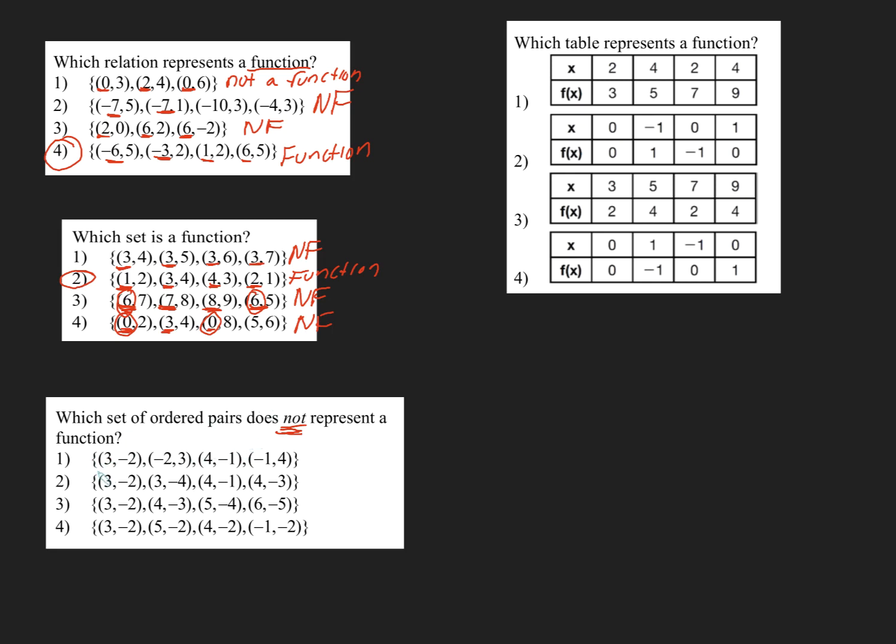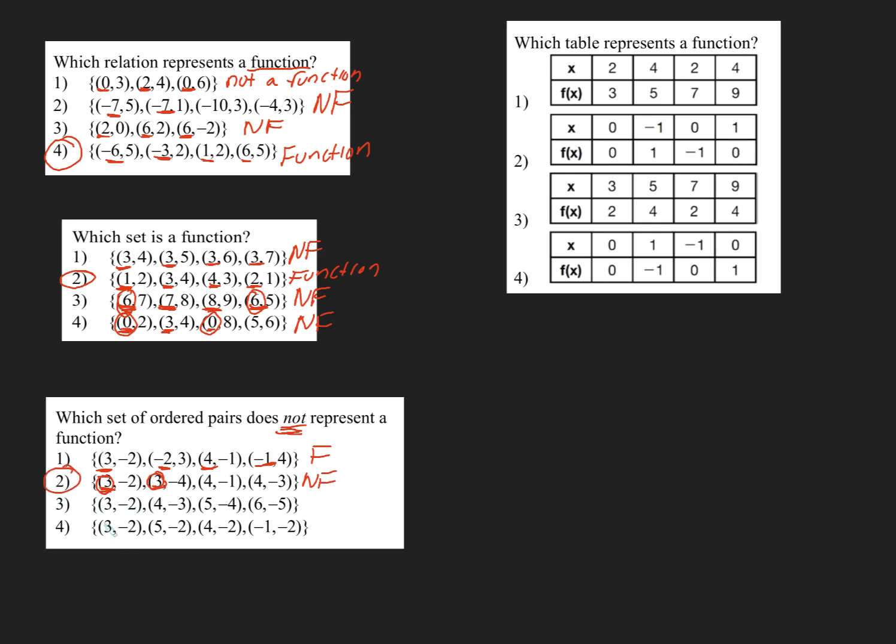So let's look. 3, -2, 4, -1. This is a function. Let's look at number 2, 3, and then the 3 repeats. So the 3 here is being used twice, not a function. So my answer is 2.